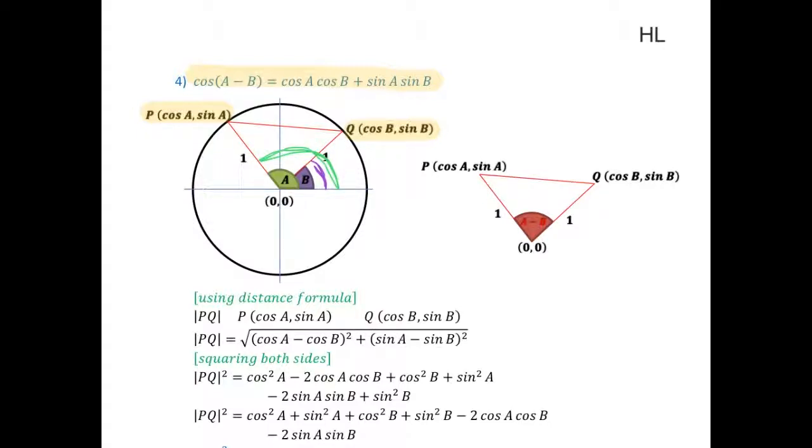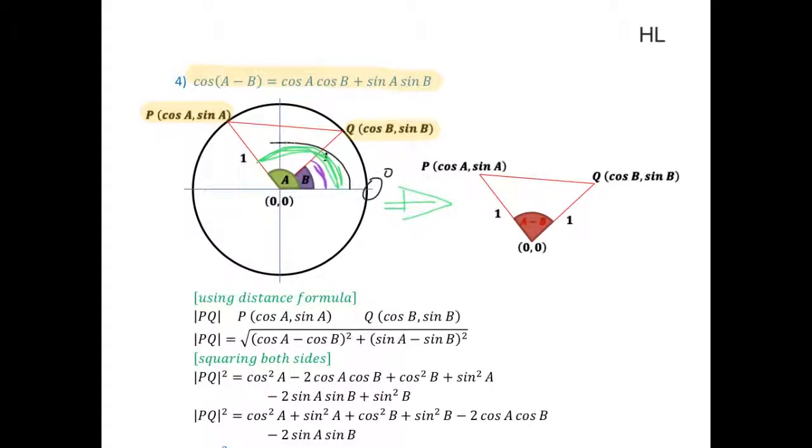We also need a second diagram here where we take this triangle, shown in red, and take it to the side over here. And there's one thing we need to keep in mind: the angle shown at the base of this triangle is going to be A minus B, because if you look over here, the angles A and B are both measured from the 0 degrees here.